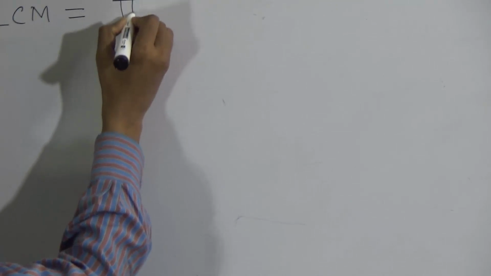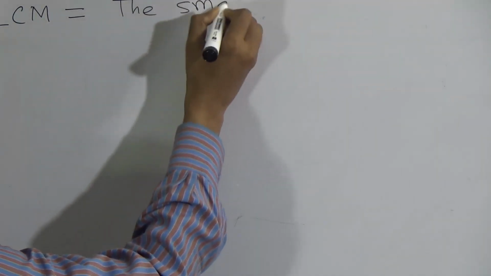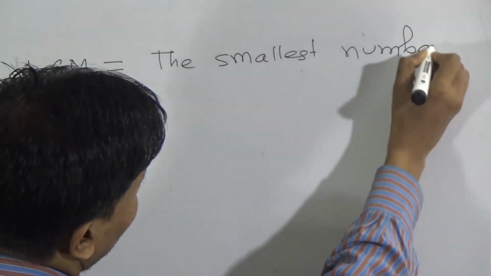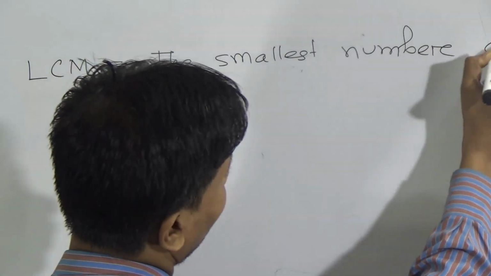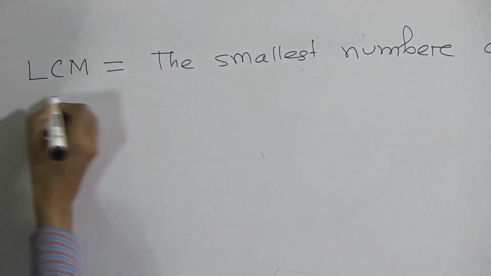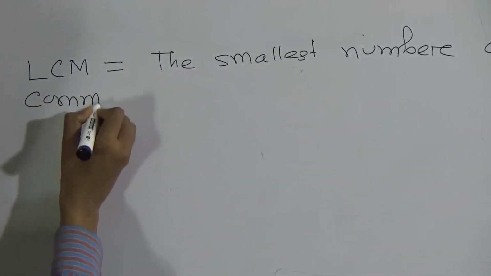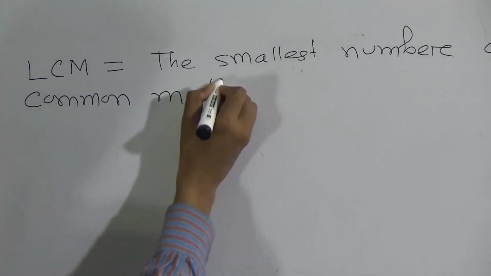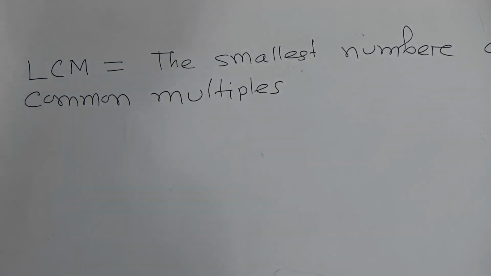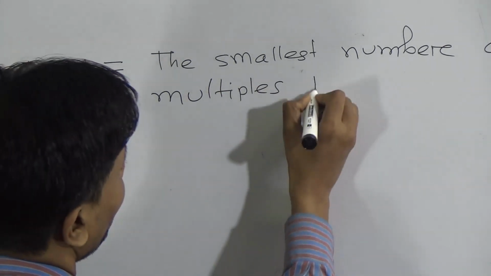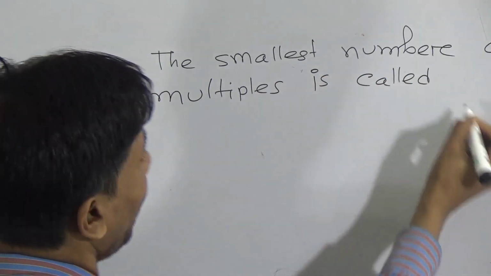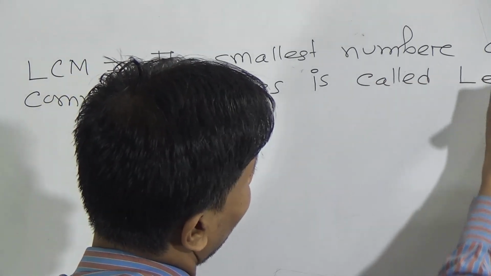The smallest number among the common multiples is called the least common multiple.